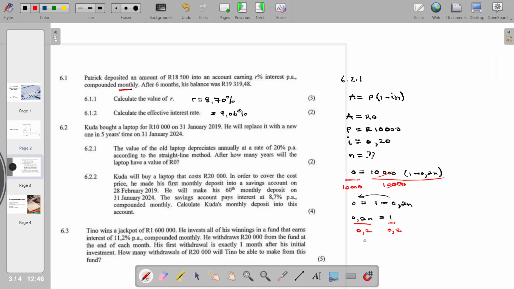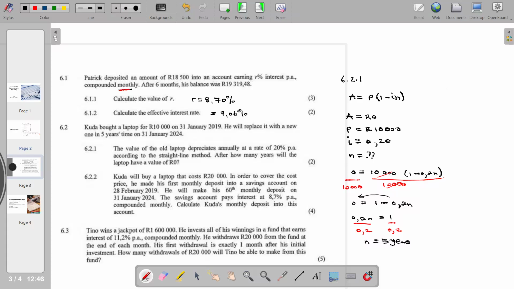So here, our n will be equal to 5 years. Alternatively, when you are dealing with the reducing balance method, and you are told the residual value will decrease to a value of 0, you can just divide the total price, which is 100%, by the rate of depreciation.